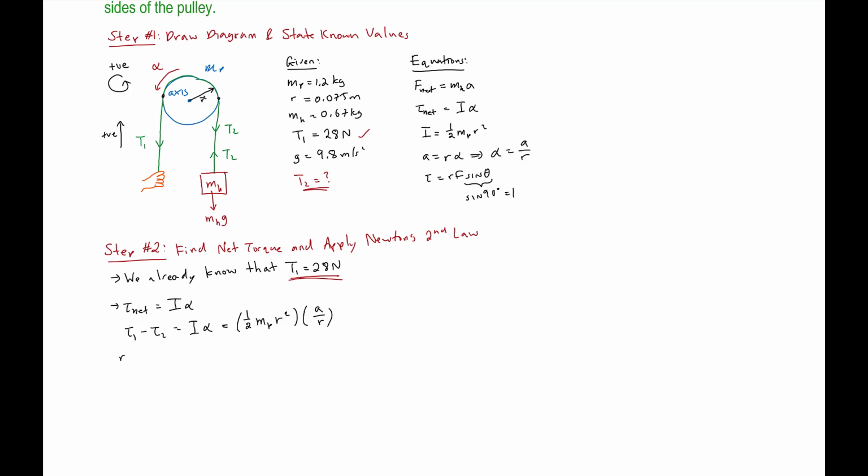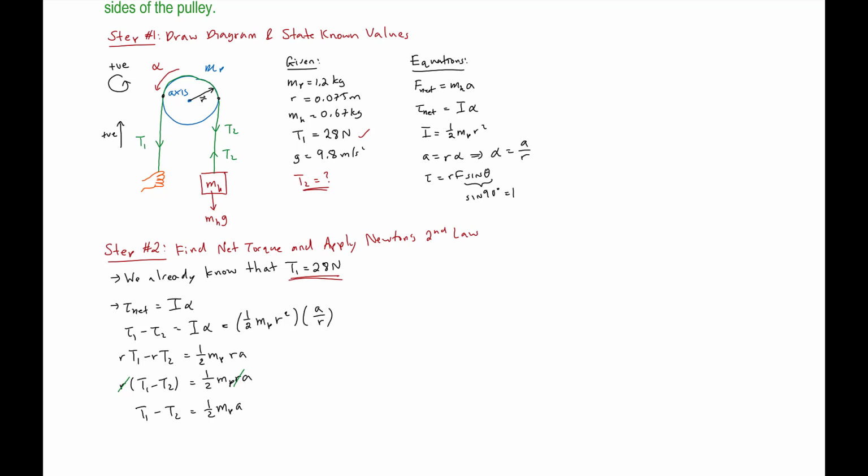So we have rT1 minus rT2 is equal to 1/2 mp r a. We're able to factor out the r on this side. We can cancel out our r's. And we have T1 minus T2 is equal to 1/2 mpa.